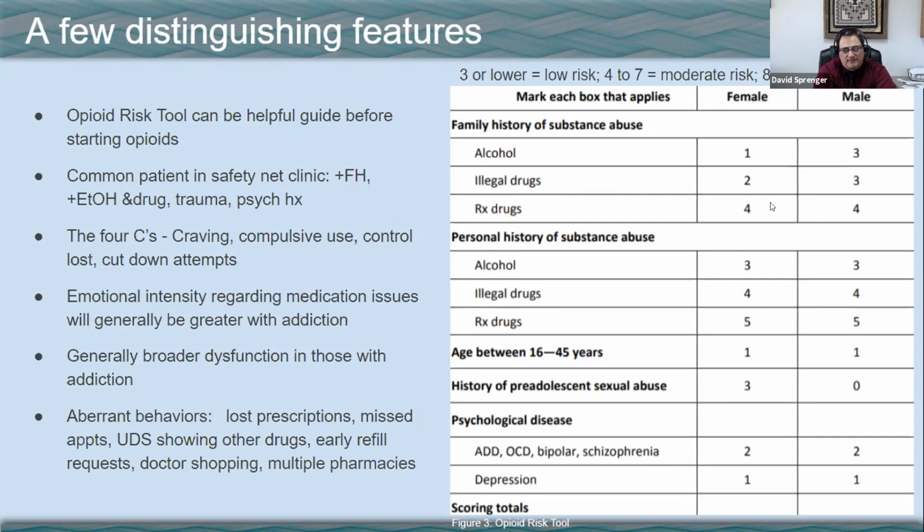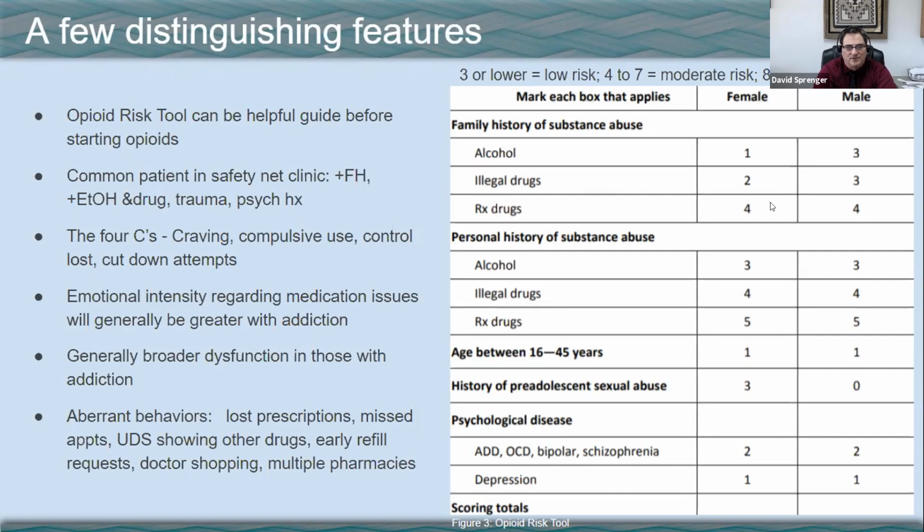A lot of times you'll have a broader amount of dysfunction in those folks with addiction. Things may be more chaotic in their life, whereas someone who is treating their pain tends to be a little bit more regimented, as people that are successfully managing their chronic conditions need to be regimented.